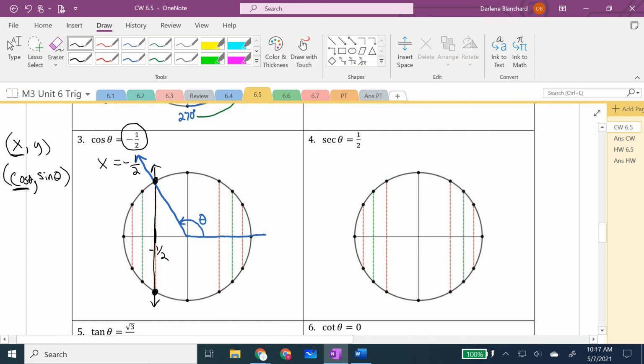I want to make sure you're clear that when I get these two spots on the unit circle, that just is telling me where the terminal sides are for one of the thetas, the terminal side for that angle. And then these angles are 30 degrees beyond 90 and 30 degrees before 270.